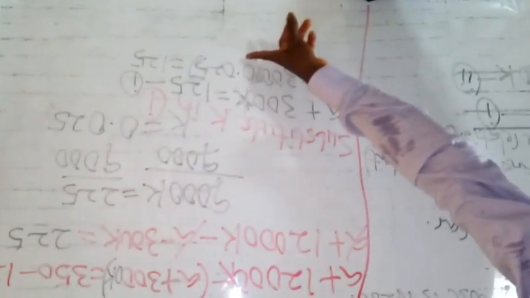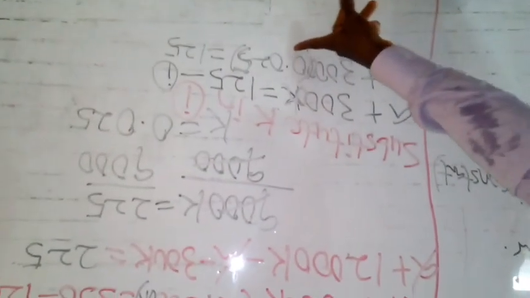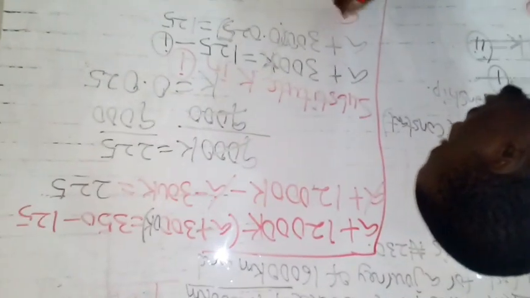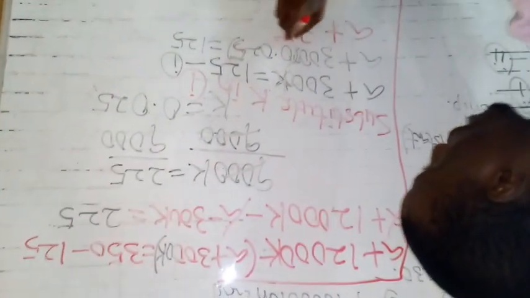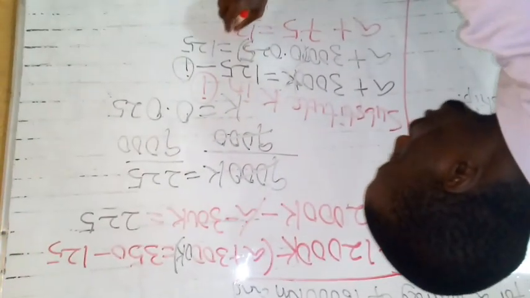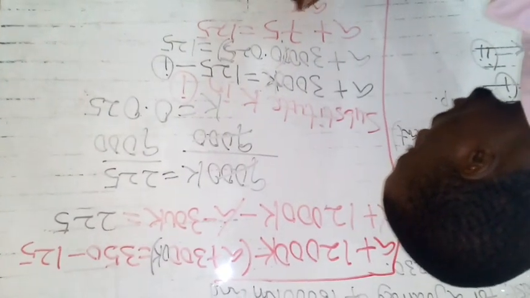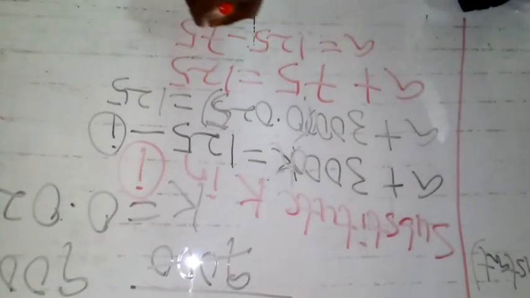Now looking at the board, we have A plus 3,000 multiplying 0.025. And when you multiply your 3,000 with 0.025, we are going to get 75. And that is A plus 75 is 125. Then our A is 125 minus 75.